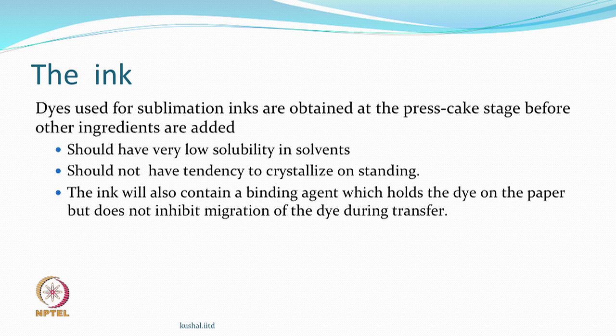So, this is how people will be preparing ink. You have a dye, which obviously is the most critical part, and the other critical parts are the binder and the solvent that you use. You can appreciate that you will not be adding anything like an acid, an oxidizing agent, or an alkali, because you are still using paper.